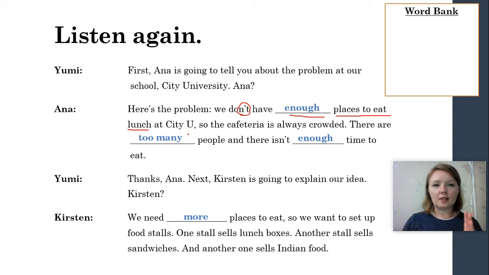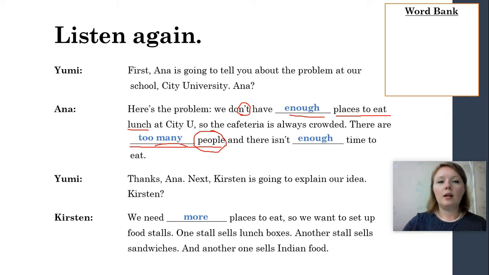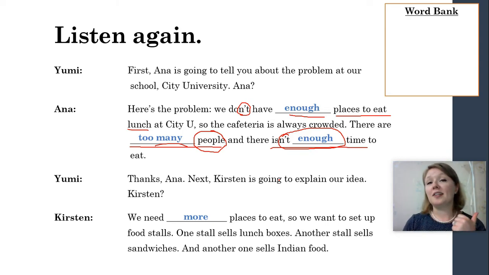So the problem is only one place to eat lunch. There are not enough. Another problem is too many people. People, of course, is countable. We can have 5 people, 10 people, which is why we use many. And also, there is not enough time. So again, we see that not enough. So there are 3 problems. Not enough places to eat, too many people, and not enough time to eat.